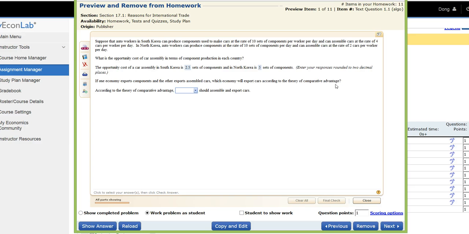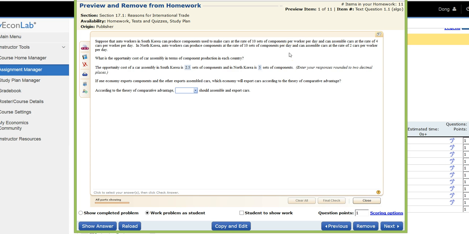The theory of comparative advantage says that a country which has a comparative, note it's comparative instead of absolute advantage, because in this case South Korea workers have the absolute advantage in car production, because they can produce 4 cars per day, but the North Korea workers can only assemble 2 cars per day.